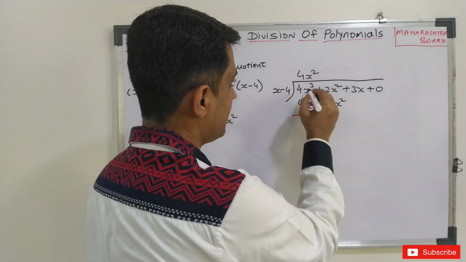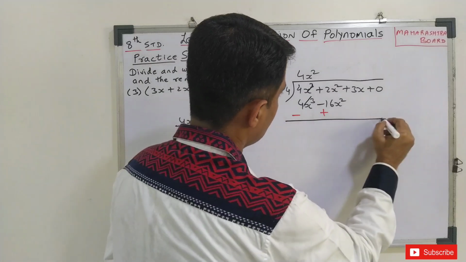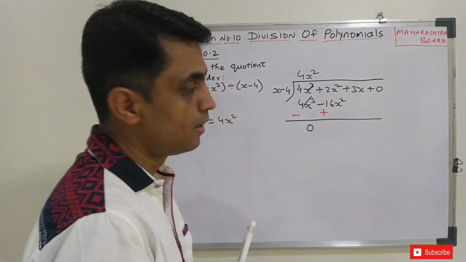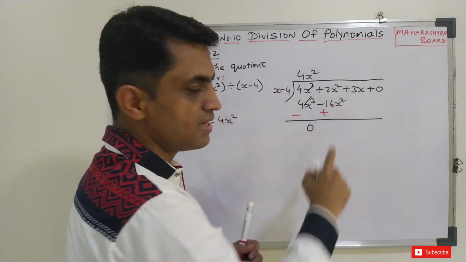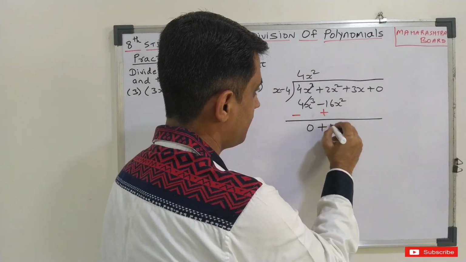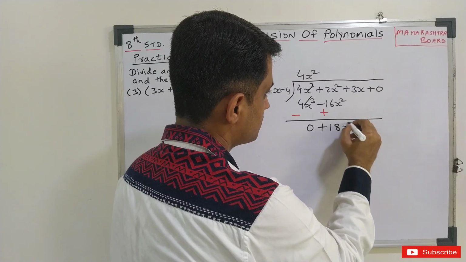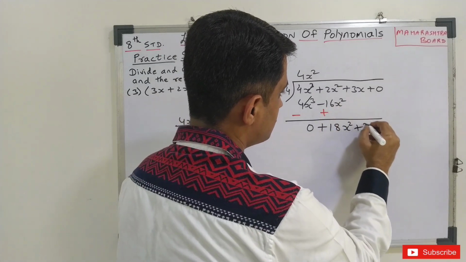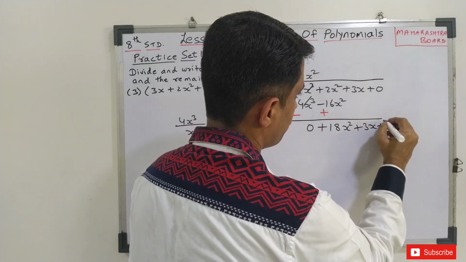Now this will get cancelled. This will give you 0. Now plus 2 plus 16, follow the new sign. Plus 2 plus 16 is what? Plus 18. Plus 3x plus 0.